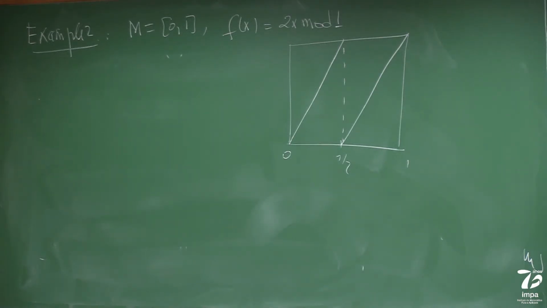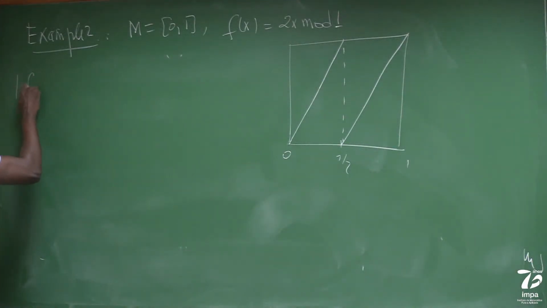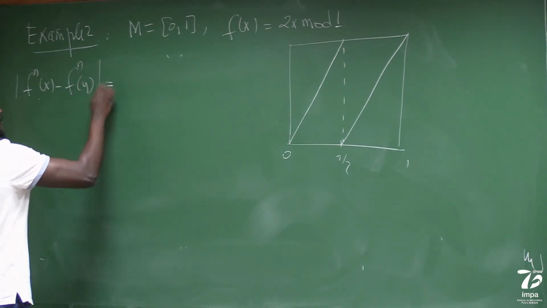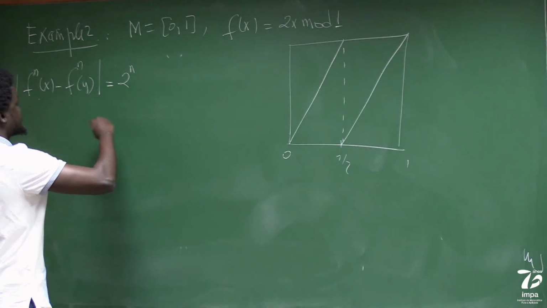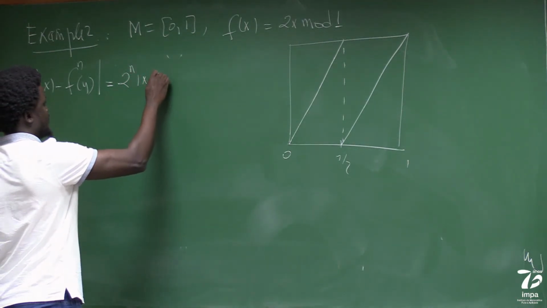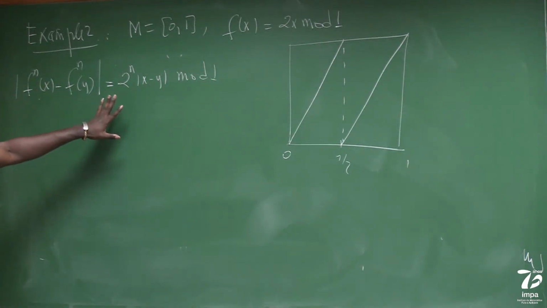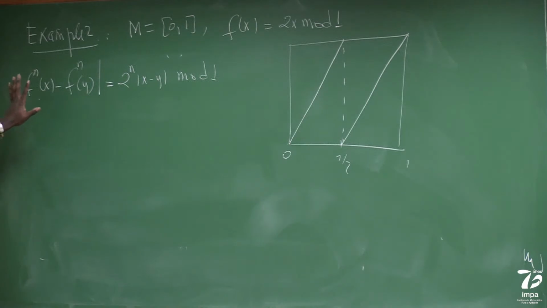Also you can see that if you look at the difference, if you take f^n(x) minus f^n(y), this is 2^n (x minus y) mod 1. So you can see that this is relatively big if you compare it to, if you take the ratio between this over x minus y.